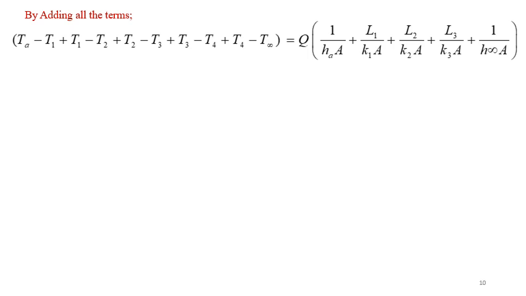What do we mean by TA? TA is the inside fluid temperature, and T infinity is the outside fluid temperature. That is what we are intending to calculate: the heat transfer from inside fluid to outside fluid.